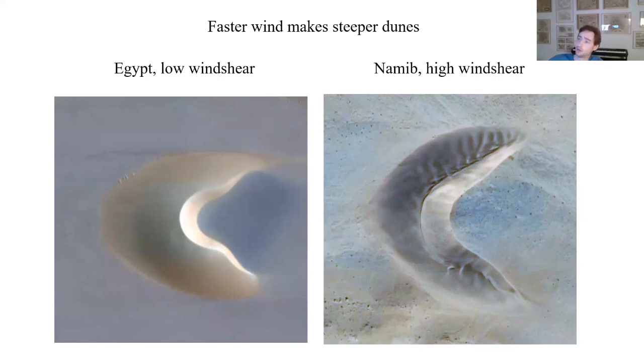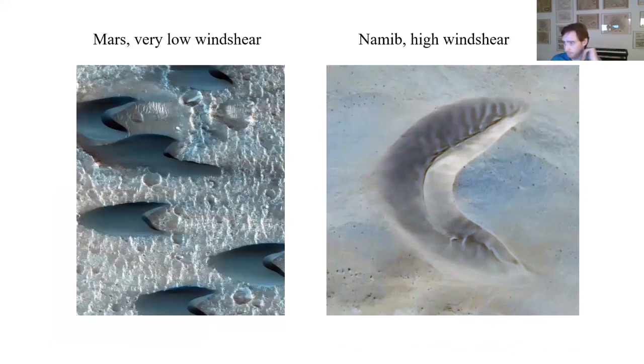So in regions where the wind speed is very, very high, like here in the Namib Desert on the right, we can see that the dunes get this very steep and broad shape. So the shape actually is determined by the wind speed. Now, another really nice demonstration of this is if you look at Martian dunes, because on Mars, the wind shear is very, very low. So Mars has a very weak atmosphere.